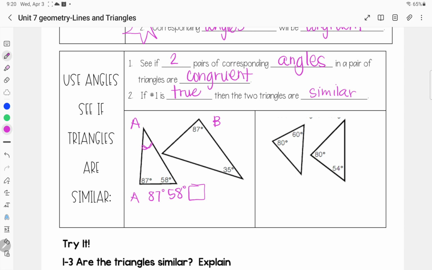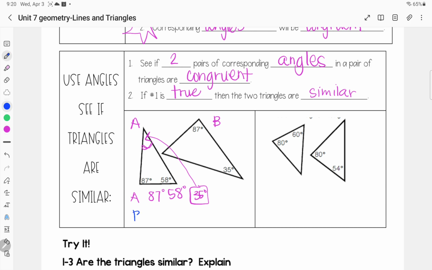So if I take 180 and subtract the two angles that I have, this 87 and this 58, that will give me, and hopefully you're doing it with me, my missing angle of 35. That's what that missing angle right here is, okay?